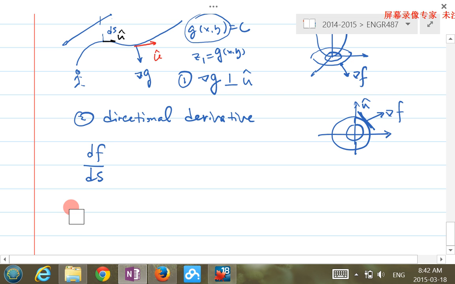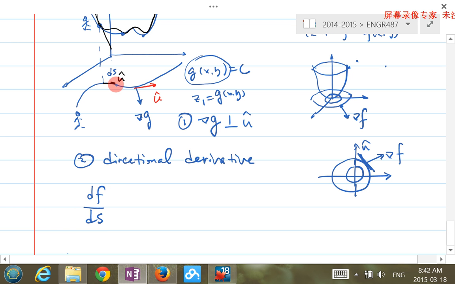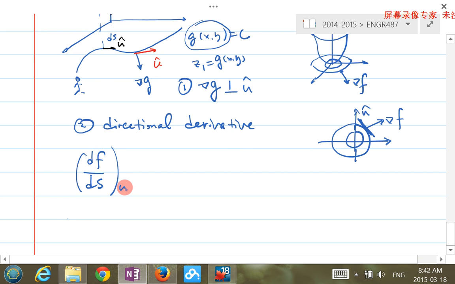But you're not walking in the x-axis direction. You're walking in an arbitrary direction, indicated by ds. So we need that direction u hat, indicating that ds is in the direction of u hat. That's the directional derivative. And the directional derivative is related to the gradient and the direction of walking by this formula here. Those are 248 stuff.